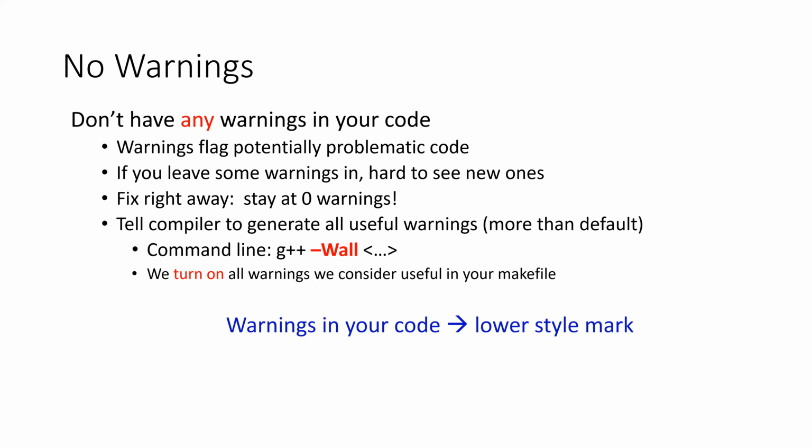Okay, so we turn on these warnings, and we don't want you to have any warnings in your code. So if you get a warning, fix it. They flag potentially problematic code. And you can look at it, and sometimes you go, this is fine. I looked at the code and the warning is okay. So you could ignore it. The problem is if you do that, you leave a warning in, even if it's harmless, your teammates start getting like, okay, there's 10 warnings.